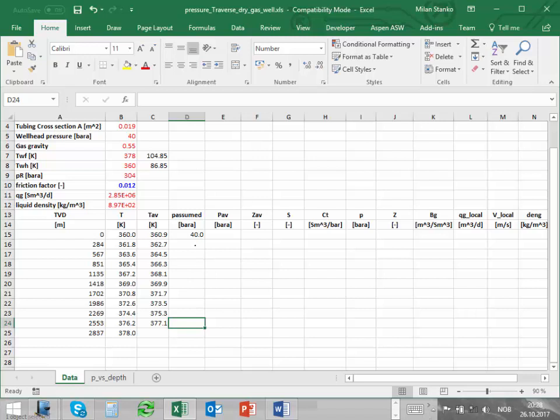How do I do it? We have 10 intervals, so I suggest first calculating a delta P: the pressure at the bottom of the tubing, 84.368, minus the pressure at the top, which is 40, divided by the number of sections, 10. That gives me a delta, and it assumes that you lose the same pressure in every segment.